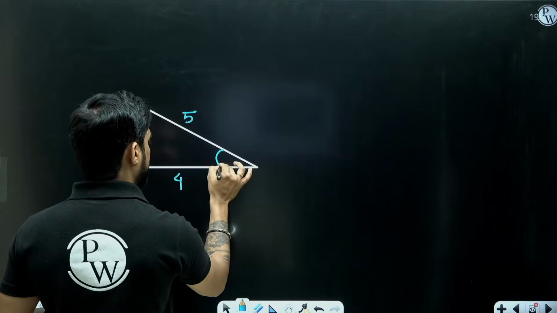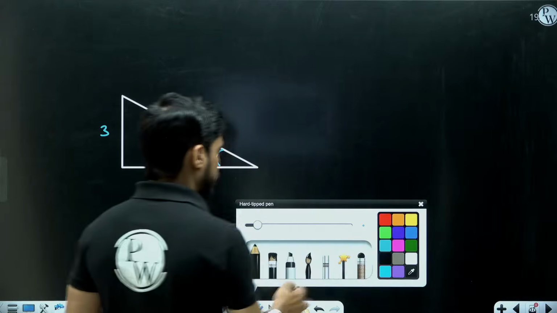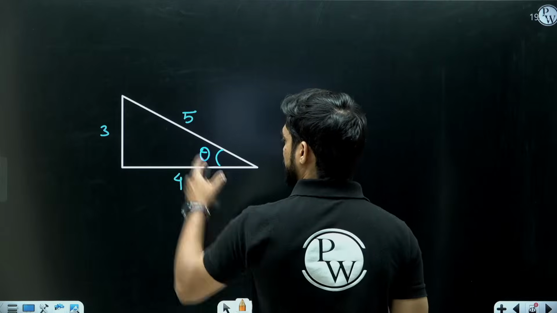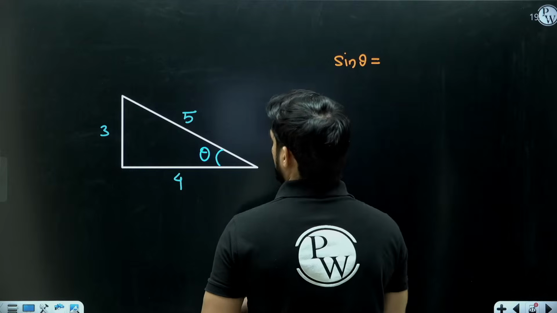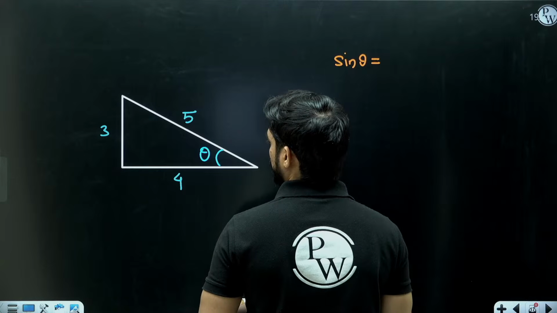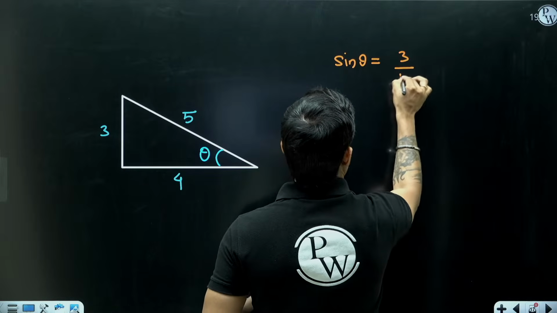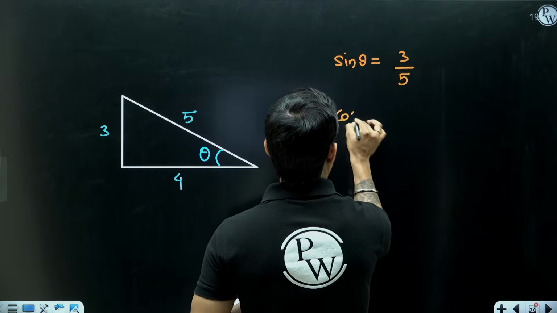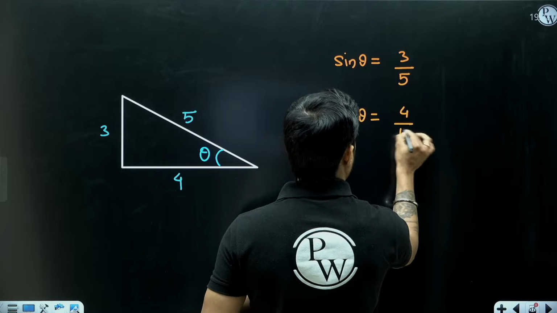Let's say this is the horizontal angle theta. From this triangle, what will be sine theta? Sine theta is perpendicular by hypotenuse, so it will be 3 by 5. And cos theta will be base upon hypotenuse, meaning 4 by 5.